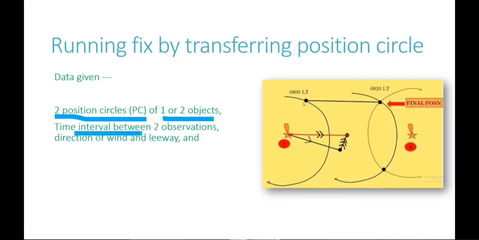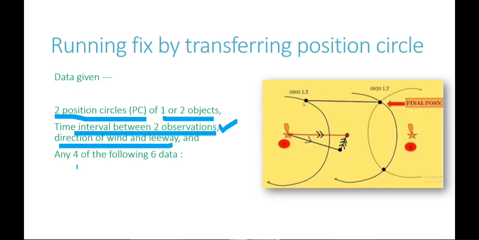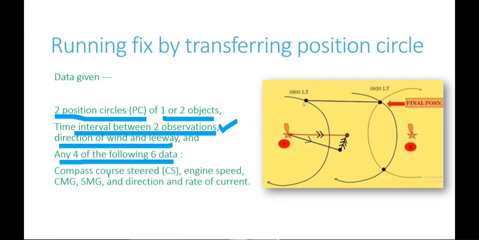So two position circles of one or two objects will be given. They will give you the time interval between the two observations. You will need this time interval to apply the engine distance and the drift of the current. They will give you the direction of wind as well as the leeway angle, and they will give you any four of the following six data: compass course steered and engine speed, course made good and speed made good, and direction and rate of drift of the current.